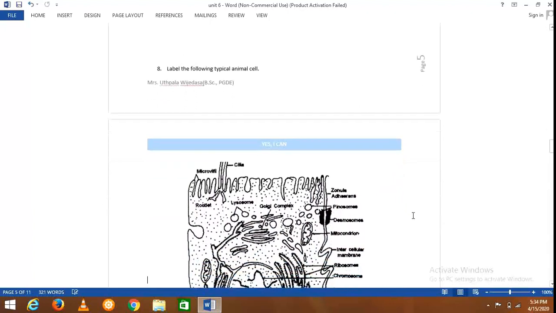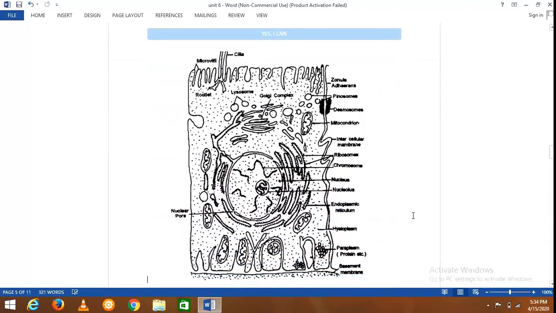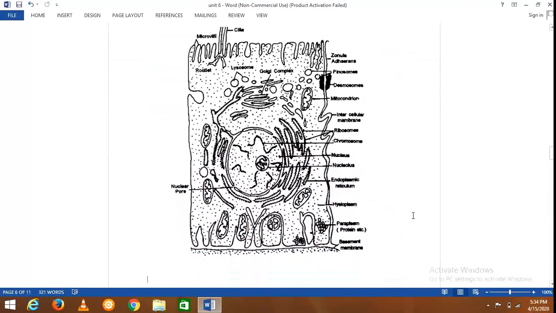Then we'll move on to the typical animal cell. So there again you will find a complex structure, but here you can see this is the nucleus and this is the nucleolus, and here it appears as chromosomes. The chromatin network gets arranged as chromosomes when they are ready for cell division. And you can see the rough endoplasmic reticulum, or RER.